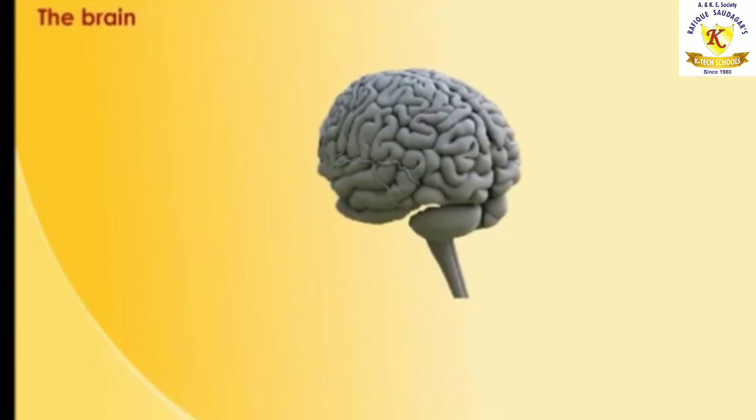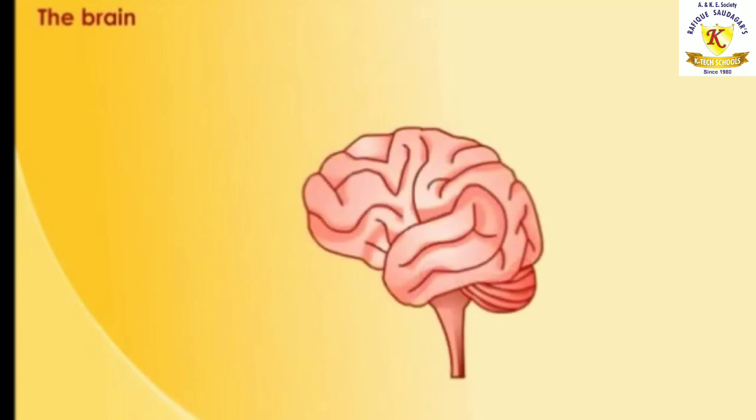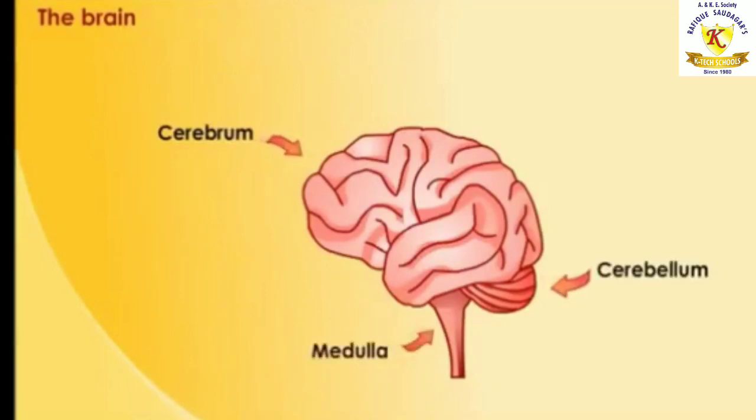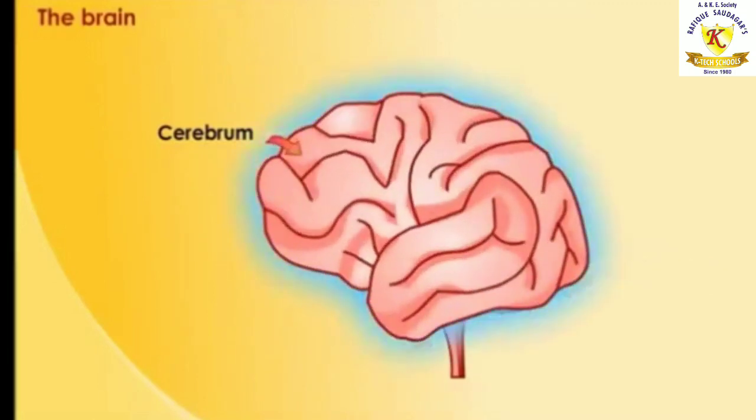It is made up of millions of nerve cells and nerve fibers. The brain has three parts: cerebrum, cerebellum, and medulla. Largest part of the brain is cerebrum, which controls sense organs.